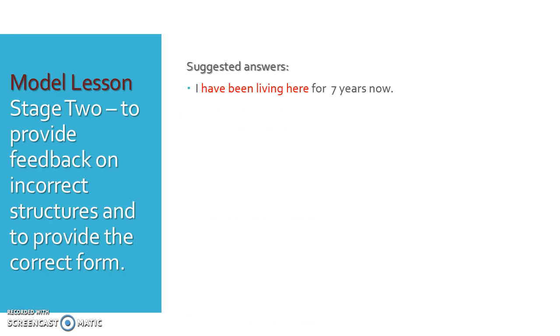The first one we've done again, this emphasizes duration. It started in the past and is still ongoing. When did it start? 7 years ago. Here we need the present perfect continuous.